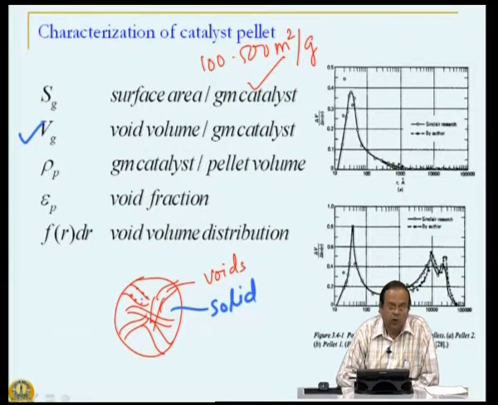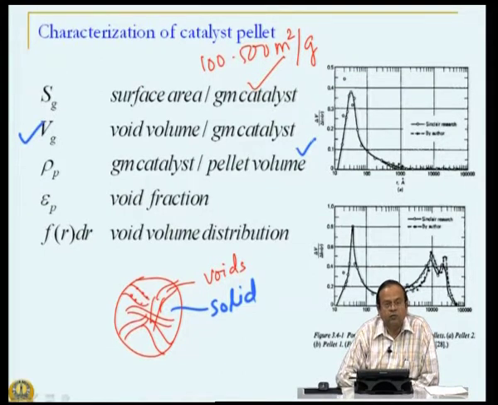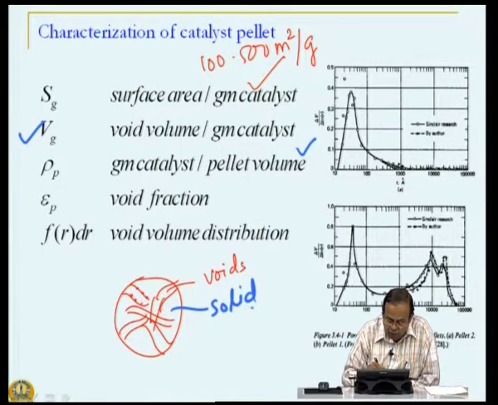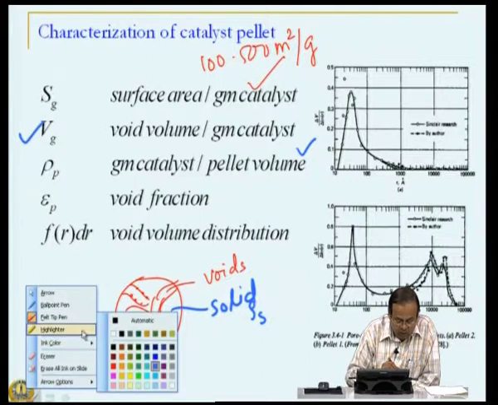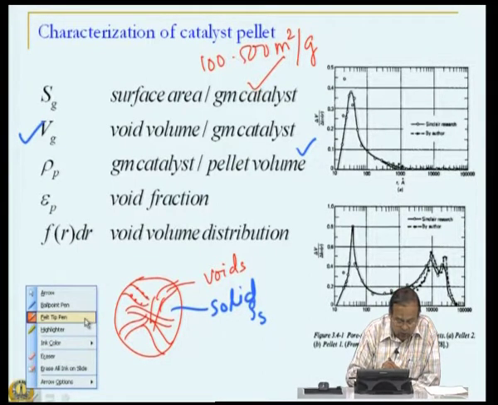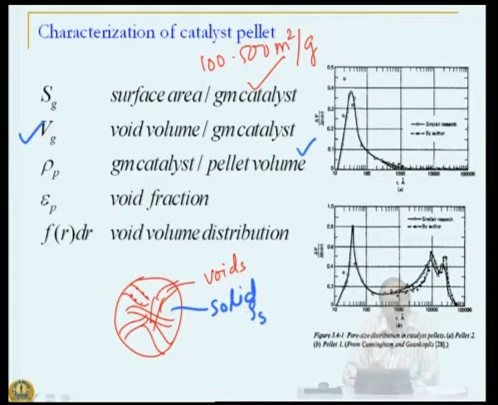Okay. Then we have another quantity of interest, rho p, that is the density of the catalyst pellet. P stands for pellet here, and it is important to distinguish it from the density of the solid material which makes the catalyst. For example, if we say that the density of the solid material is rho s, then we will have the density of the catalyst.